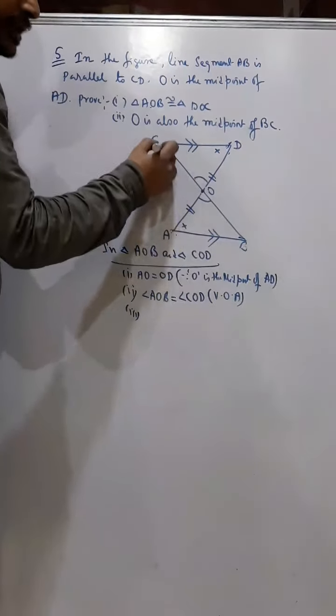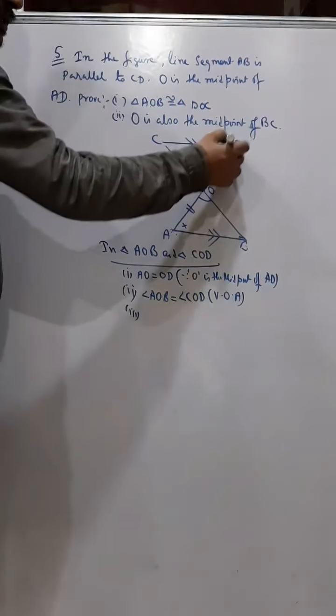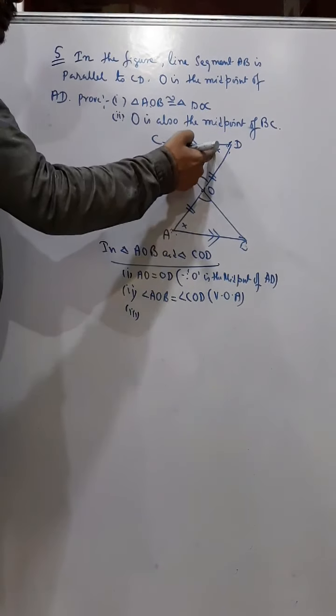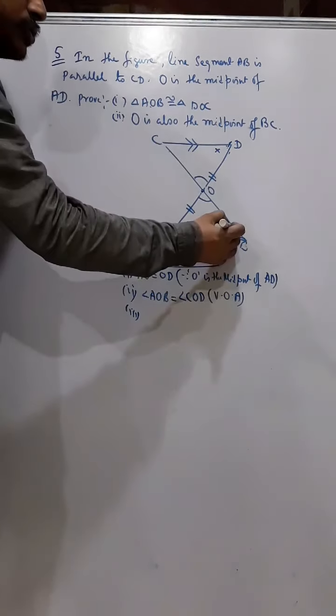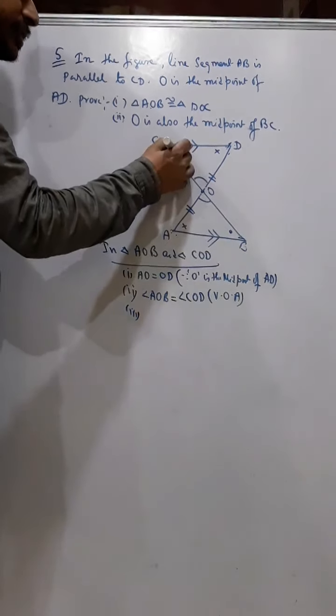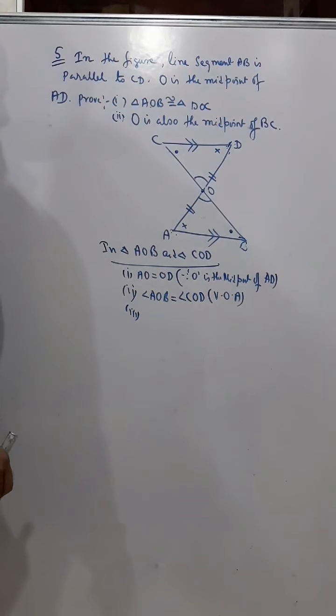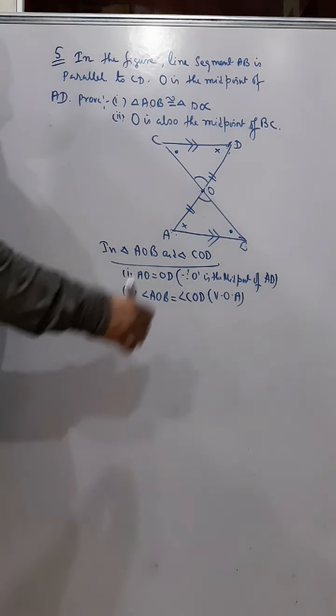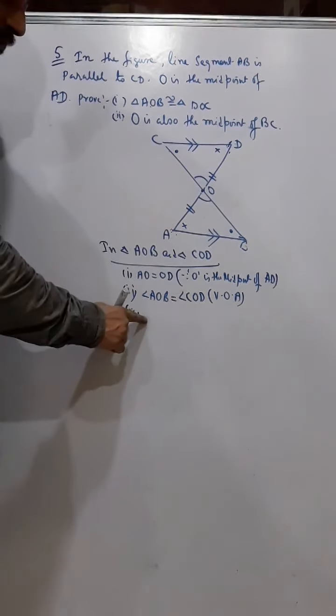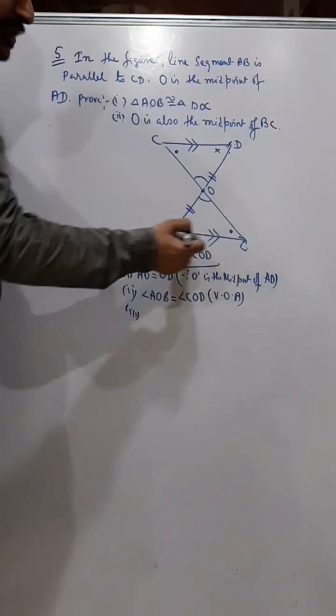Because these two lines are parallel and this is a transversal, we can say this equals this, and we can also say, try to understand, this equals this. Since we require only one, we will write angle BAO.